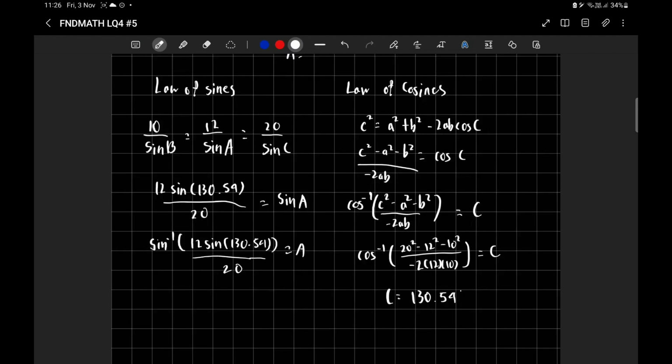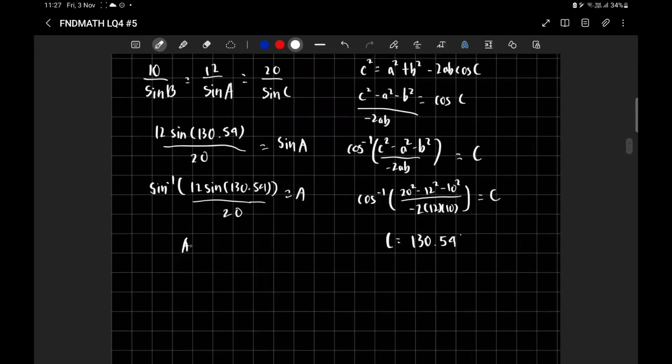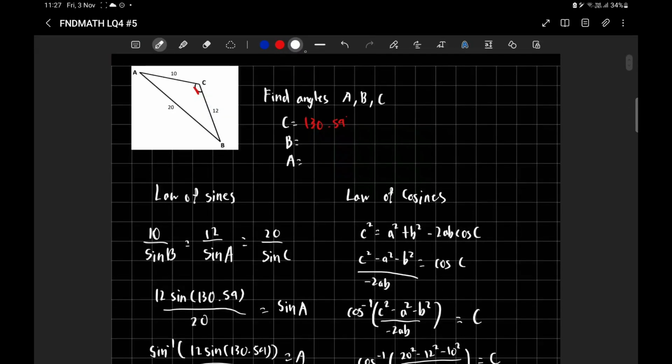Might seem a little bit convoluted, but that gets us 27.12 degrees. So A is equal to 27.12 degrees.